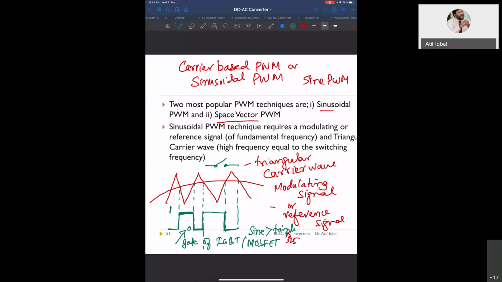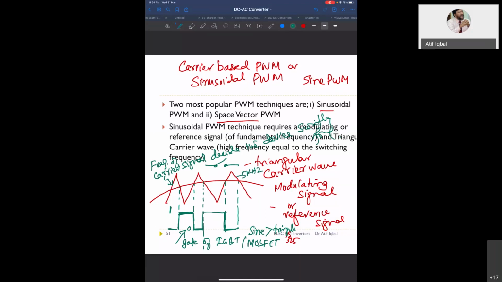Now, how many times will it switch? What will be the switching frequency? That depends upon the frequency of this triangle. The frequency of the triangle or carrier signal decides the device switching frequency.